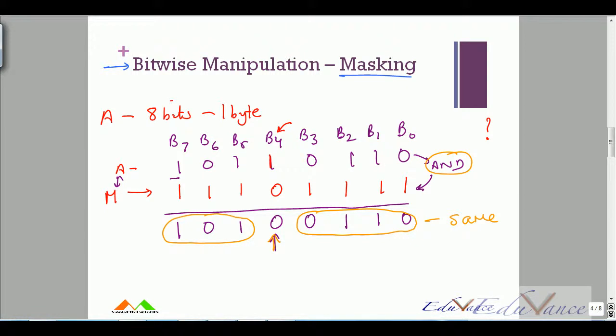That's it. Let's look at a situation where I would like to manipulate B3 and change it to a 1. Well, then I cannot use the AND function. So let's look at that situation.